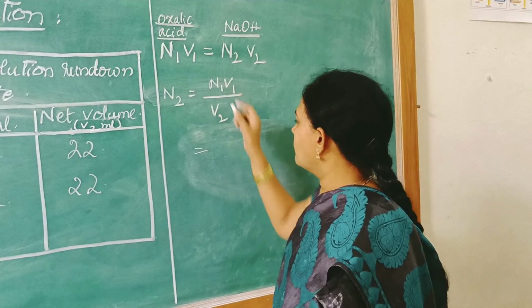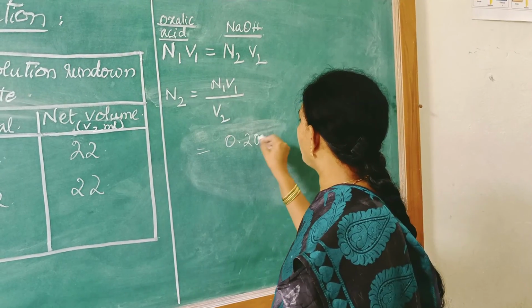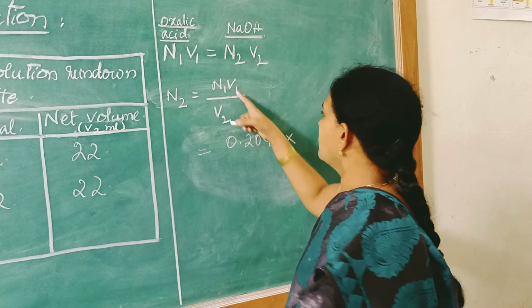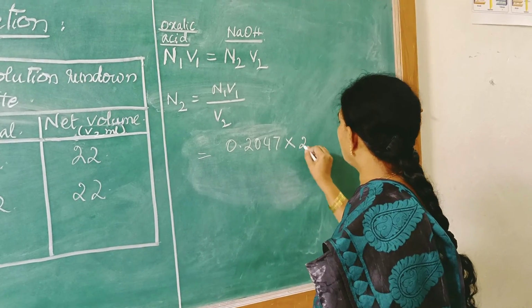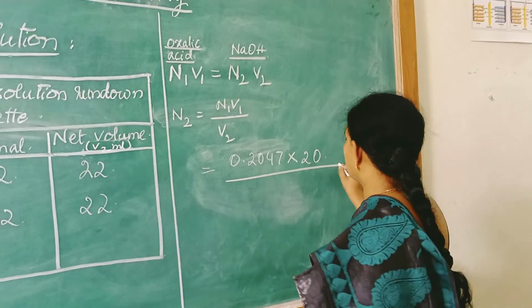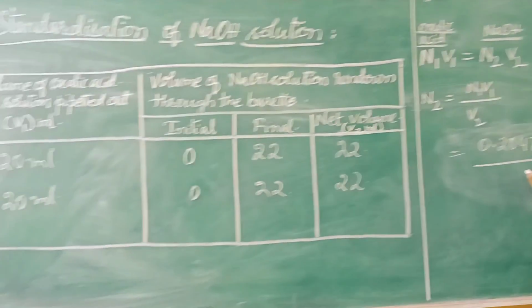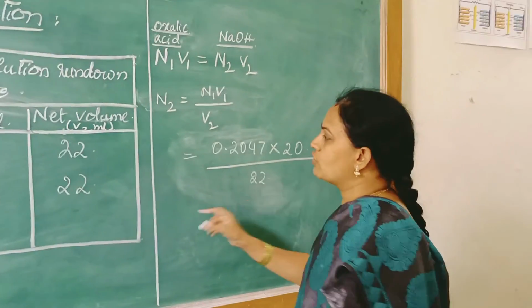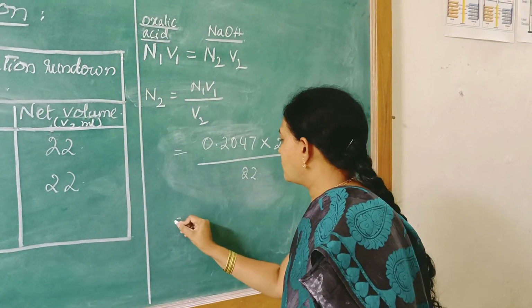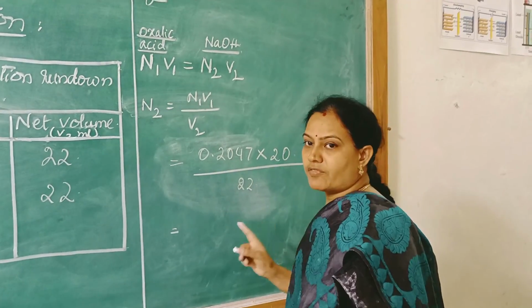So this is N1, which is 0.2047, into V1, which is 20 ml. Volume of oxalic acid used is 20 ml, by 22 ml, the volume of the NaOH from the burette. So calculate and find out the normality of sodium hydroxide.